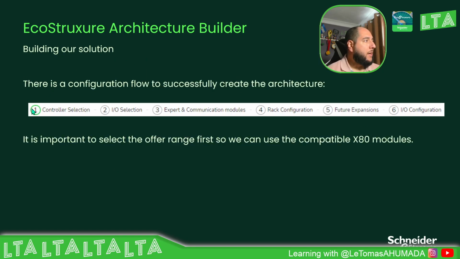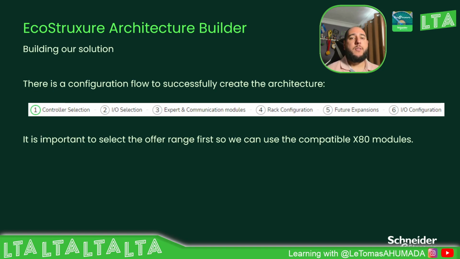Then you have a six-step process to make the selection. First you select the controller, the CPU, then the type of I/O that you want to use: what type of digital input, digital output, or analog I/O in the project. Then everything related to the communication, then the configuration of the rack, if you want a feature expansion or reserves on the I/Os, you specify that.